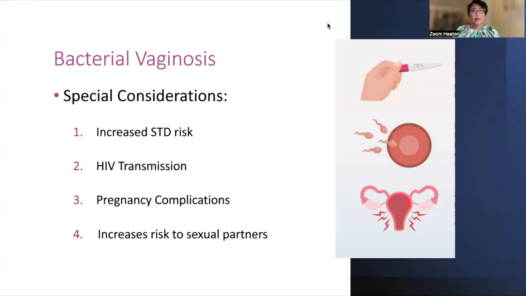Now, BV may also increase the risk of contracting herpes simplex virus type 2 and the human papilloma virus, or HPV. HIV transmission. Research shows that BV can cause up to 6 times more HIV shedding in someone who has HIV. So shedding refers to the amount of the virus present in bodily secretions.